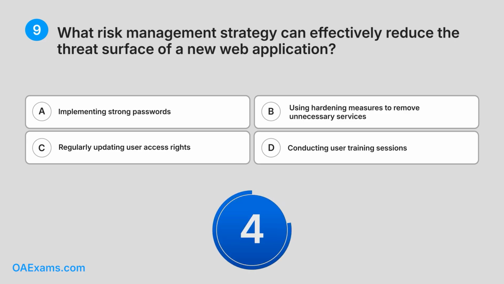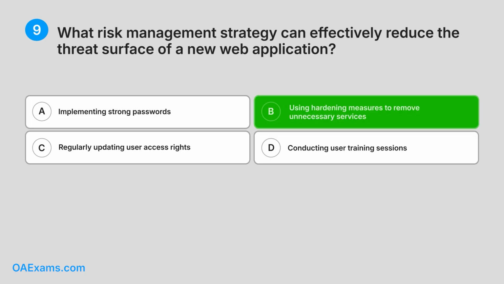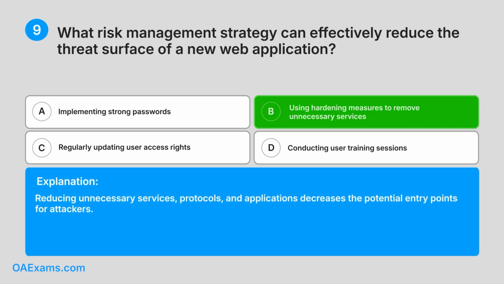Can you guess the answer? Correct answer: B. Explanation: Reducing unnecessary services, protocols, and applications decreases the potential entry points for attackers.